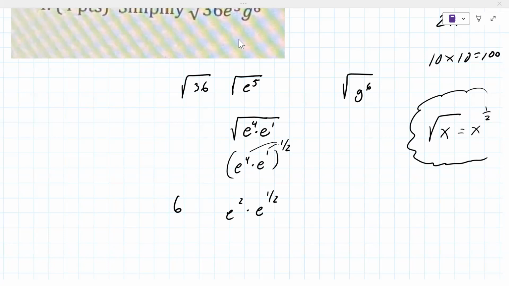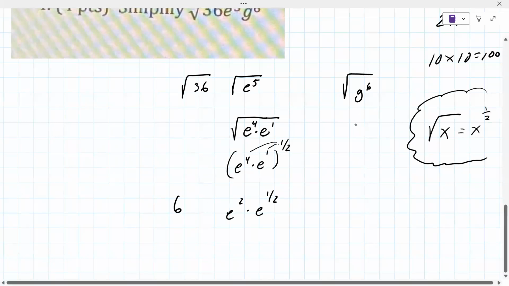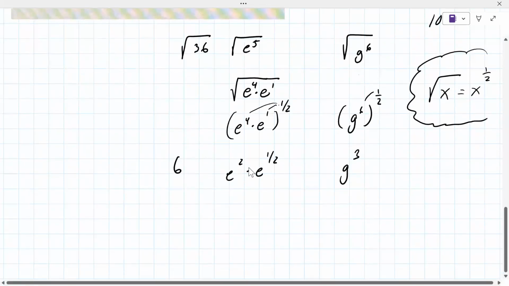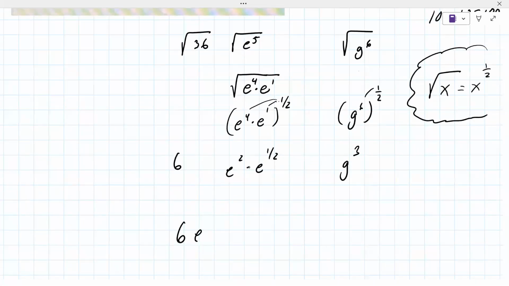Let's keep going. Okay. So this next one here is g to the 6th to the 1/2 power. When you multiply those, it becomes g to the power of 3. So that becomes 6e squared g to the power of 3, and then this e to the 1/2 is the square root of e.